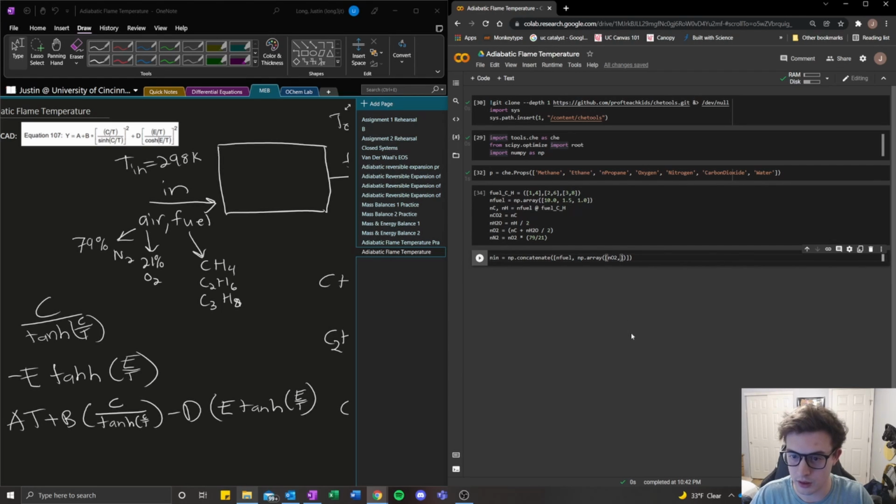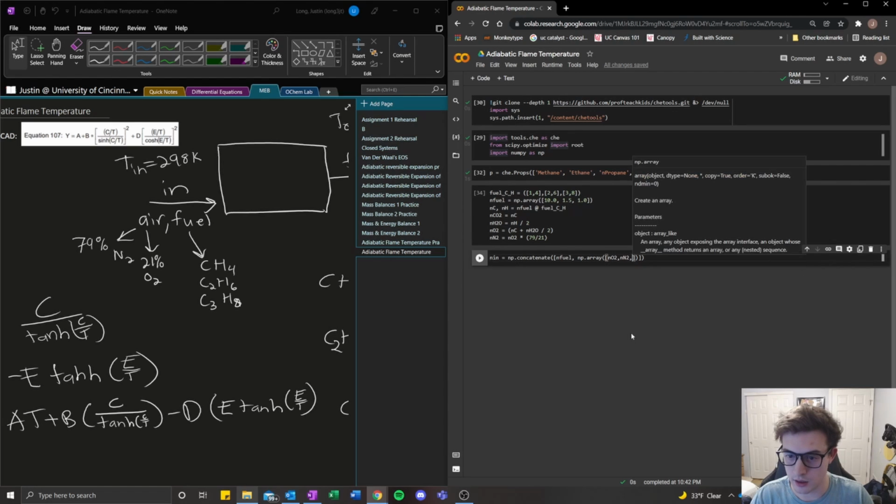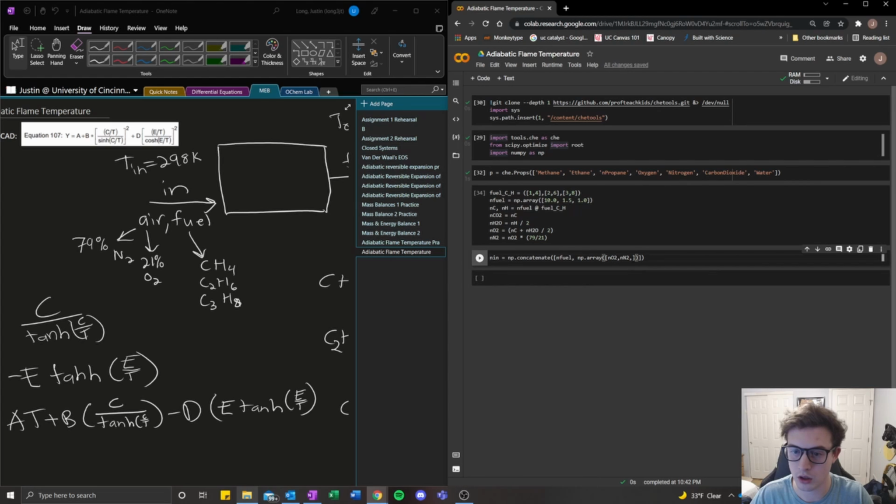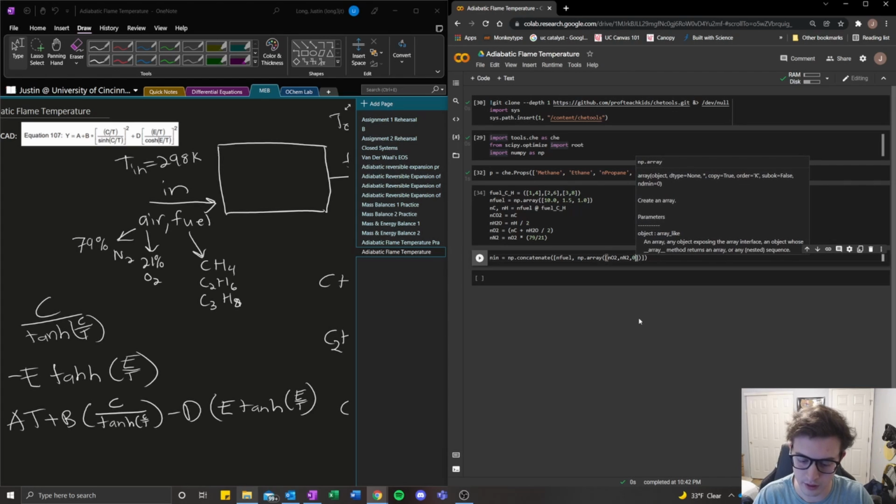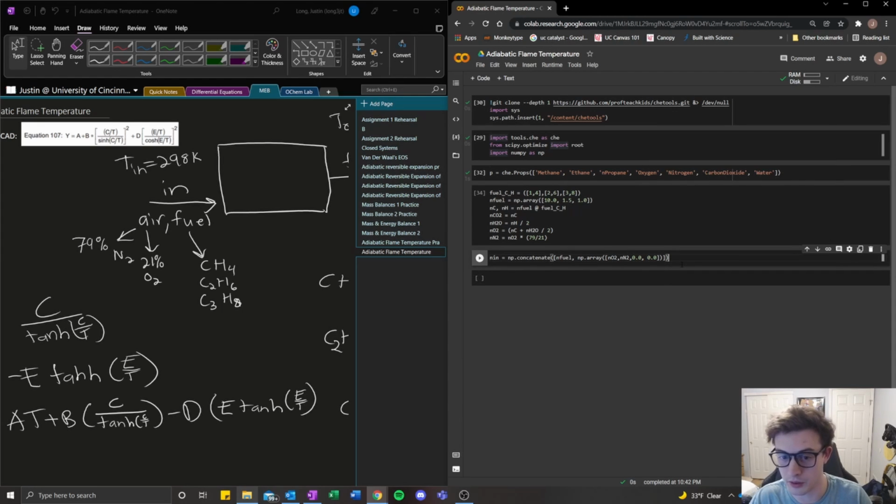And then we also need the number of moles of nitrogen, because we start with a number of moles of nitrogen. And then we are also going to need the number of moles of carbon dioxide and water. But since this is the amount going in, we don't have any carbon dioxide or water going in. So we can just put those in as 0 because we don't have any.